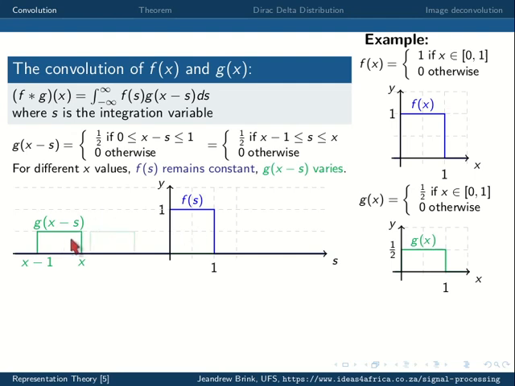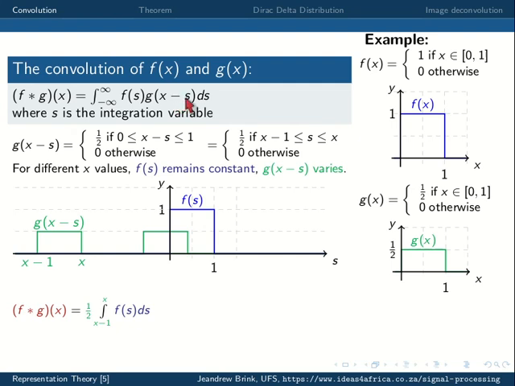Okay, but we can move it until eventually over here, where it overlaps with this other function, the product of f times g has a non-zero value. And we can rewrite this integral. First, it's the integral of f of s times g of x minus s.